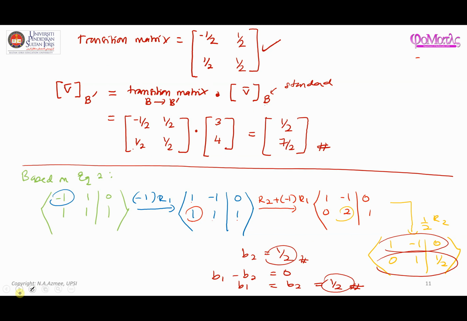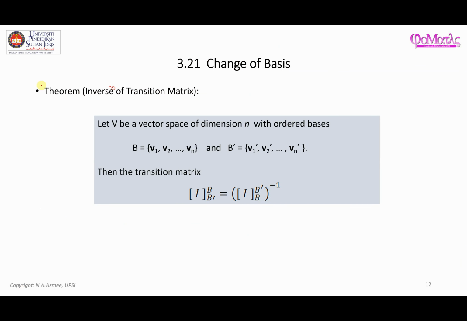And before we end this video, this is just a simple theorem. For example, just now what we did is we looked at how you can find the transition matrix from B to B prime.